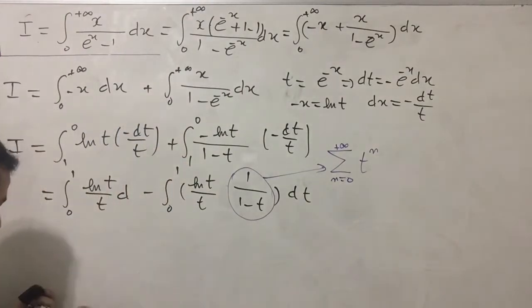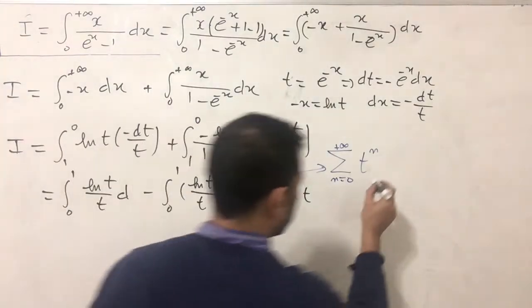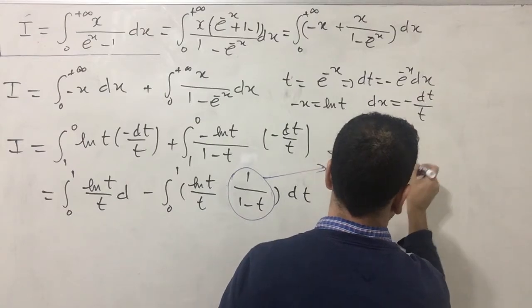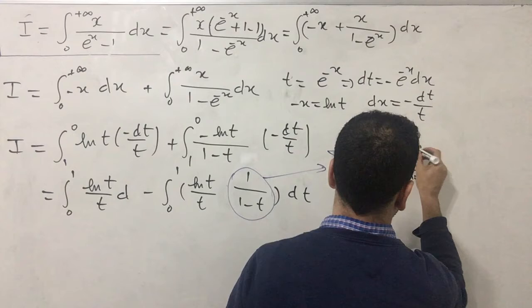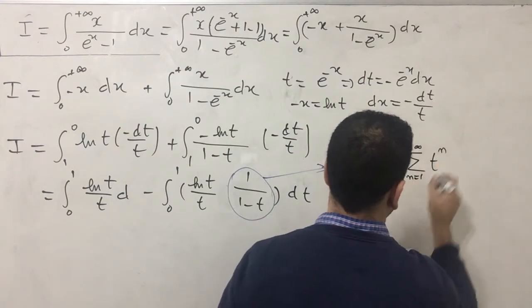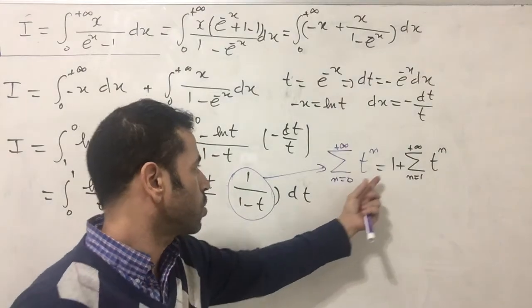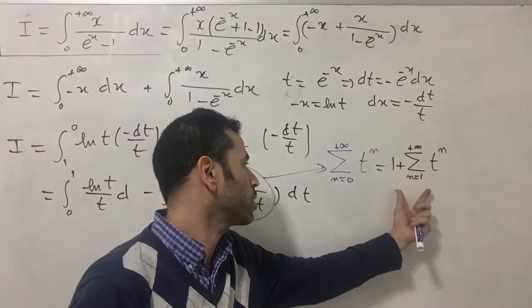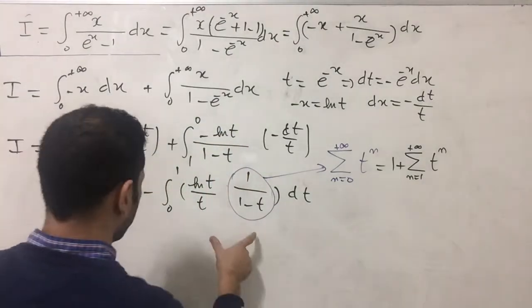At the same time, this equals 1 plus the sum of t to the n as n goes from 1 to plus infinity. Just plugging 0 into n gives you the first term, 1, plus the rest. So I'm going to replace this one.